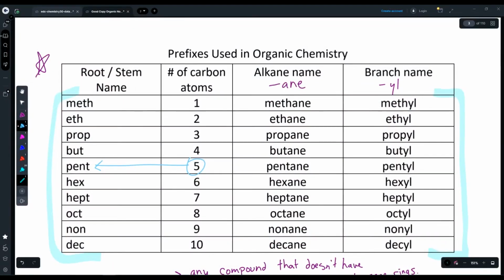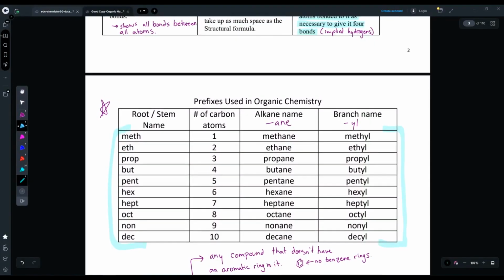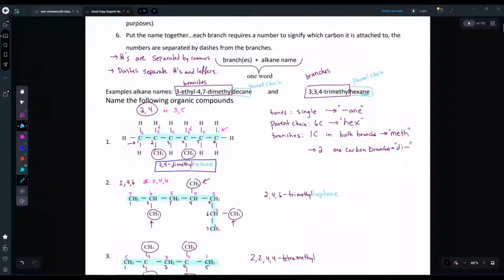Okay. So just as a note, most of the time for the stem names, you're going to be using 1 through 7 fairly often. 8, 9, and 10 are rare, but you still need to be aware of the stem names for those as well.